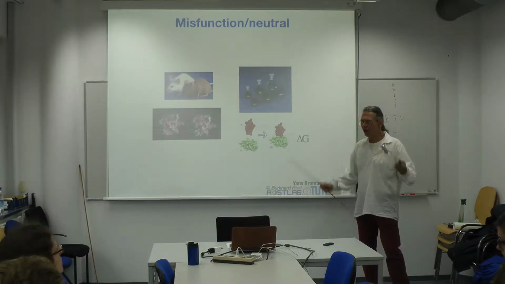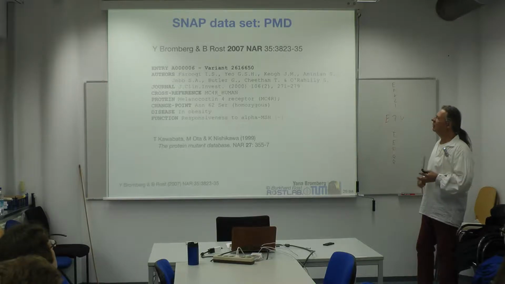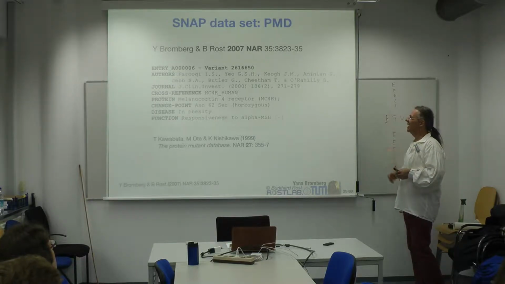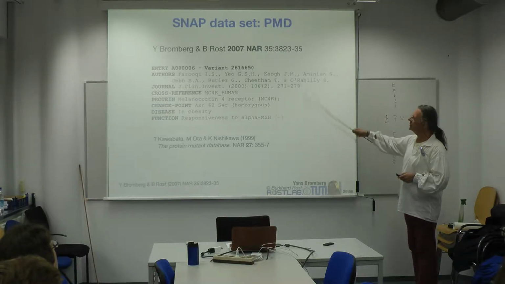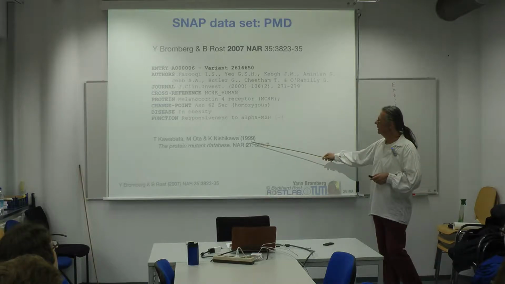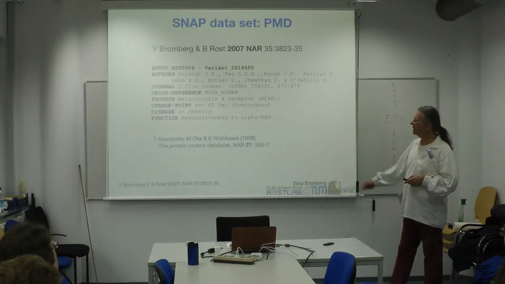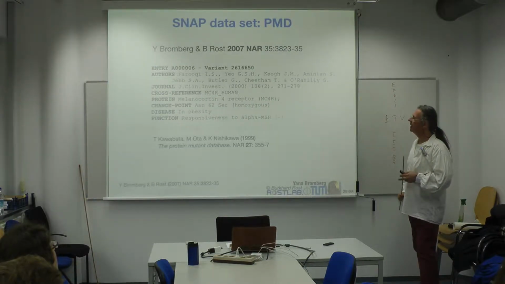And now when we collect all of these different scales, all of these different data, and we collect it for all organisms for which we have anything, then we get to a data set that mostly is determined by a database from Nishikawa, the protein mutant database, Kawabata and Nishikawa, and mostly essentially uses the delta G or delta G binding here.